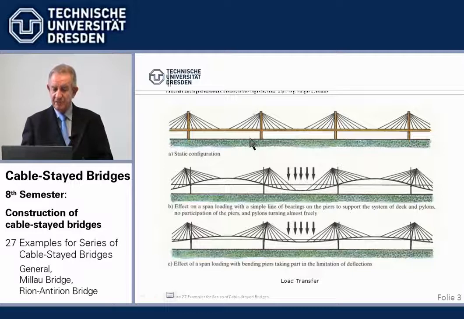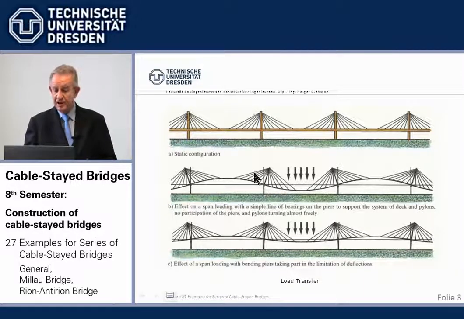We have here one example to show the load transfer of a series of cable-stayed bridges. The load is in one span, and so the other span deflects upwards because there's not the hold-down pier to hold it down and to keep those in place. This example shows what happens if we do not take into account the bending stiffness of the tower by introducing a bearing underneath the beam.